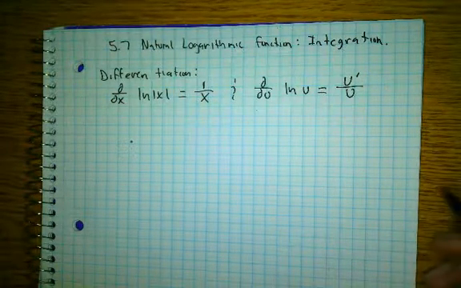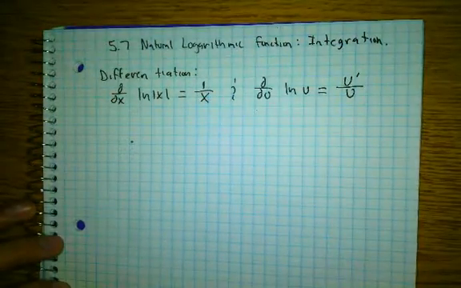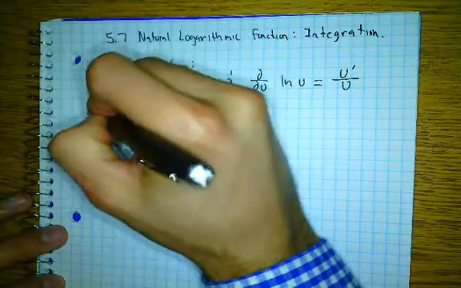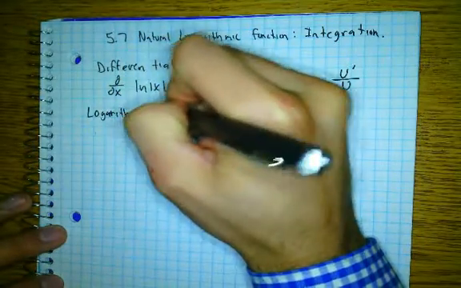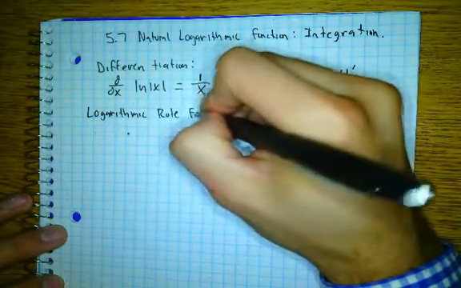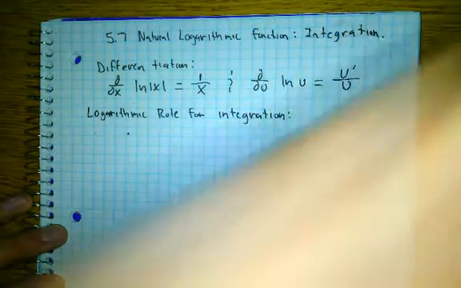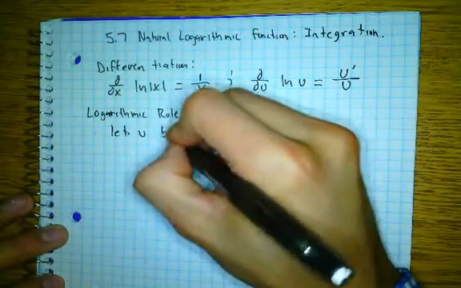Okay. So now let's talk about integration. And that's where this whole absolute value is going to come into play, and we'll talk about it here in just a second. So we have the logarithmic rule for integration. Alright, we're going to let u be differentiable.